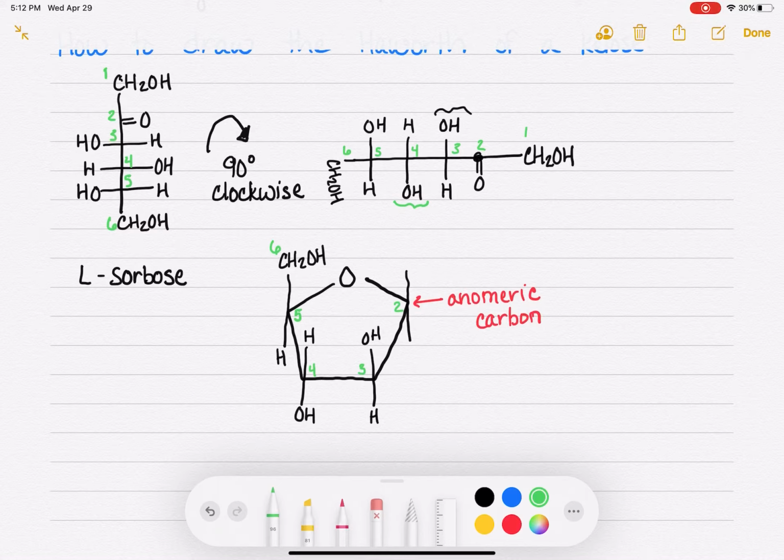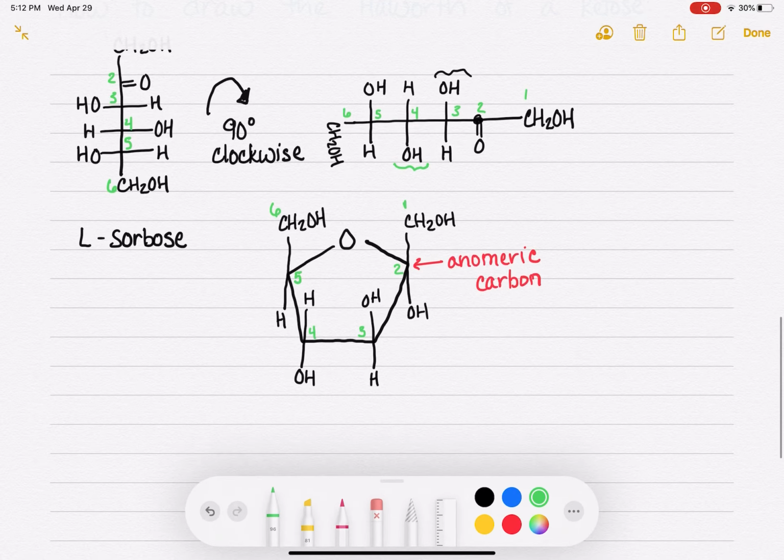On this carbon, we're going to have an OH group, and we're also going to have carbon number 1, the CH2OH. So maybe the OH group is sticking down and the CH2OH is sticking up. That's carbon number 1 right there. That's one option. And the other option, we'll draw it over here.